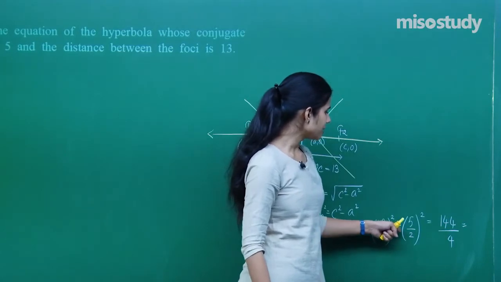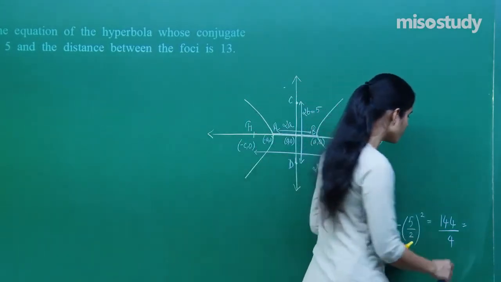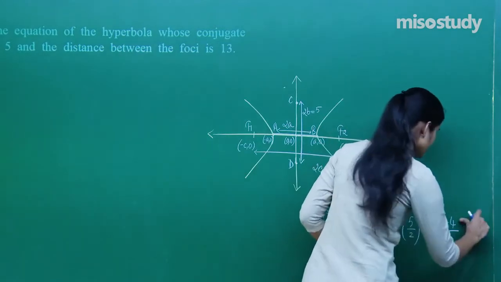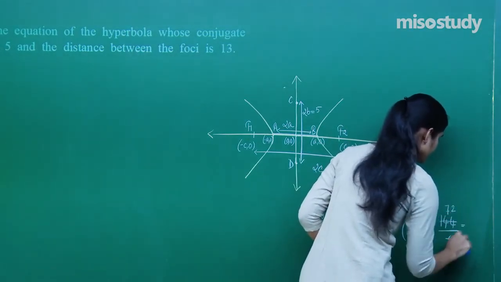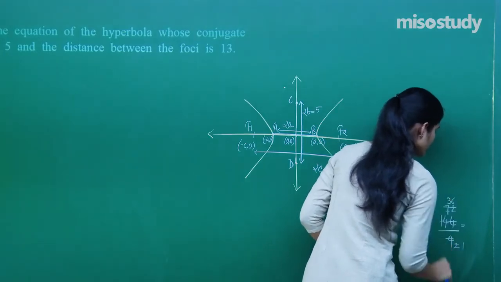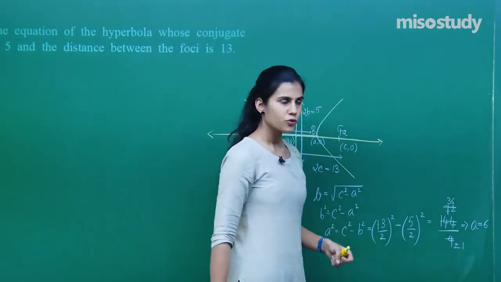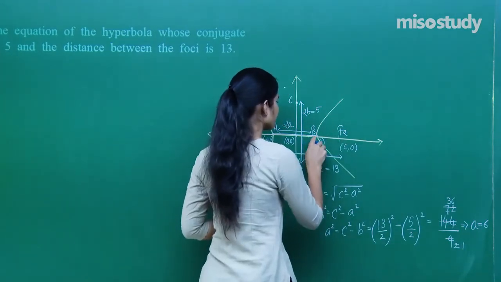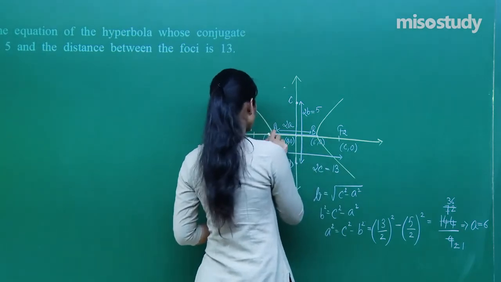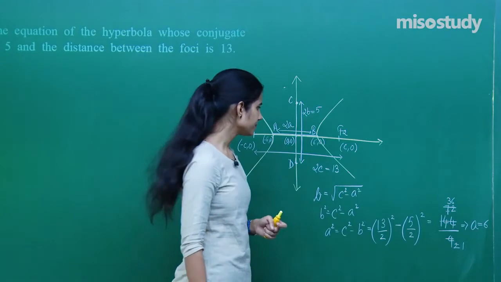This is 169 minus 25 whole upon 4, that is 144 by 4. This is A square, so you get, this implies A is 6. If A square is 36, A is 6, so you have 6 comma 0 and minus 6 comma 0 as the coordinates of the vertices of this hyperbola.